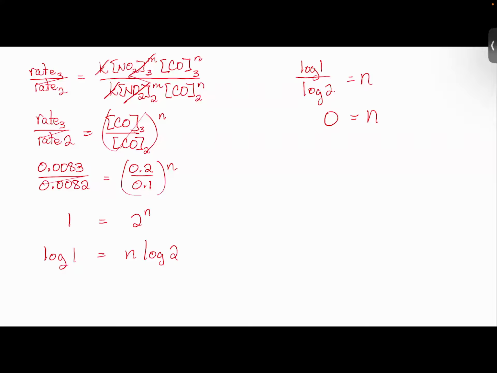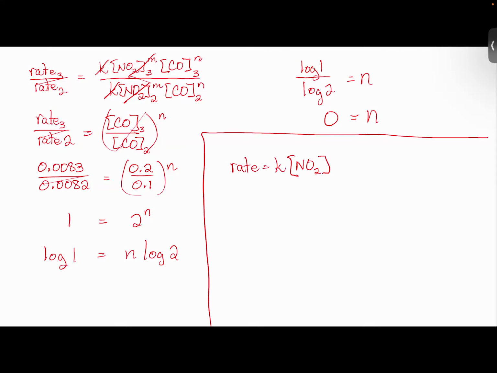Therefore, the rate law for this reaction is rate is equal to K times the nitrogen dioxide concentration squared times the carbon monoxide concentration to the 0, but anything to the 0 is 1. So typically, you simply write it as rate is equal to K times NO2 squared.